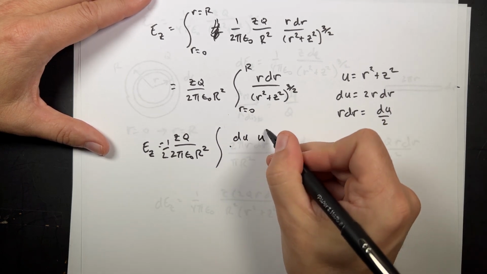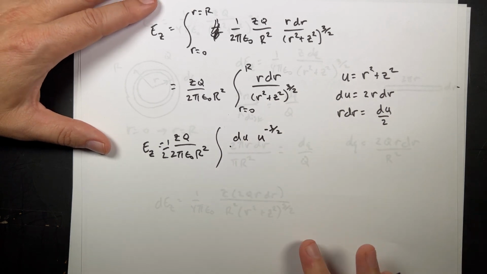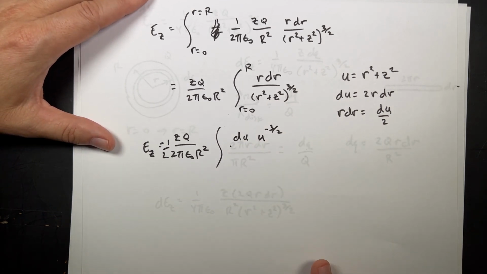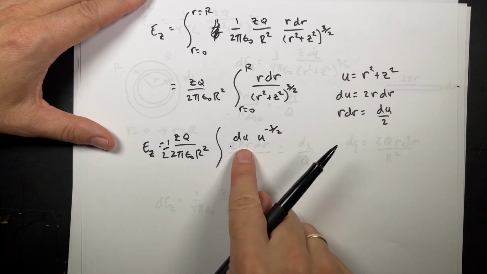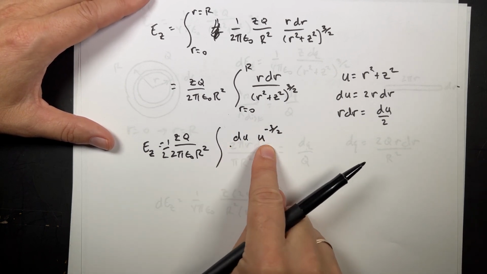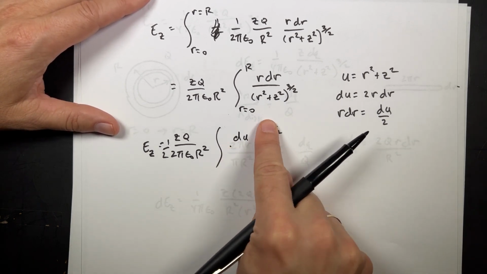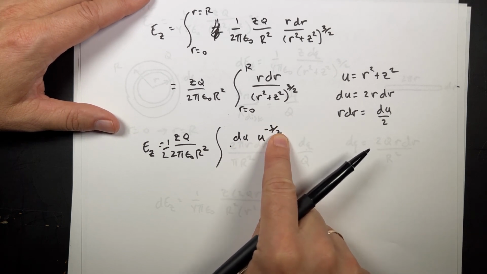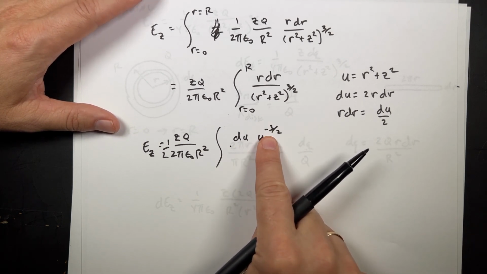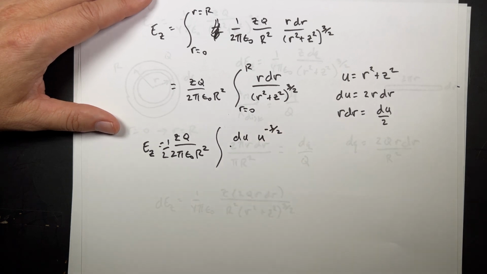I'm going to actually write it as u to the negative 3/2. I wrote that backwards; I usually write this, then du, but it doesn't really matter. Because this is something I can do. This is just the power rule, right? I raise the power, add 1 to the power, and that will be my answer.